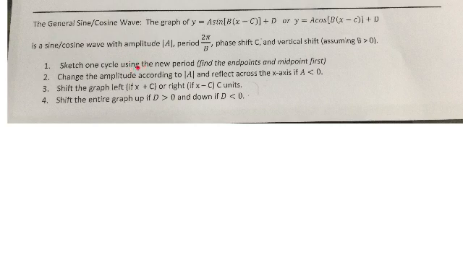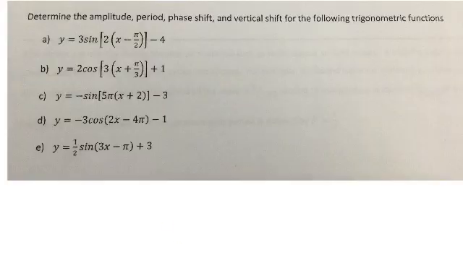You have to make sure the things that are being multiplied are adjusted first, then the things being added or subtracted are adjusted last, kind of like your normal order of operations. Identify where all of these transformations are coming from. So if I look at A, y equals 3 sine of 2 times x minus pi over 2 minus 4, the first thing I want to do is find the period.